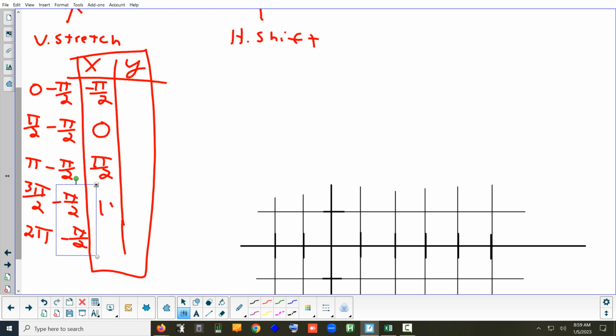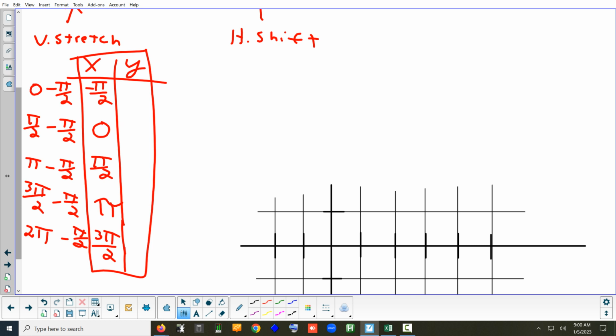That's pi. And how about 2 pi? Take away pi over 2. Jalen, you see what that one would be? Yep, 3 pi over 2. Good.